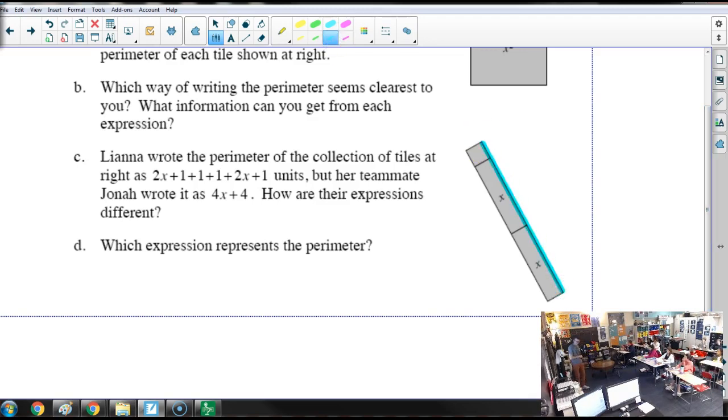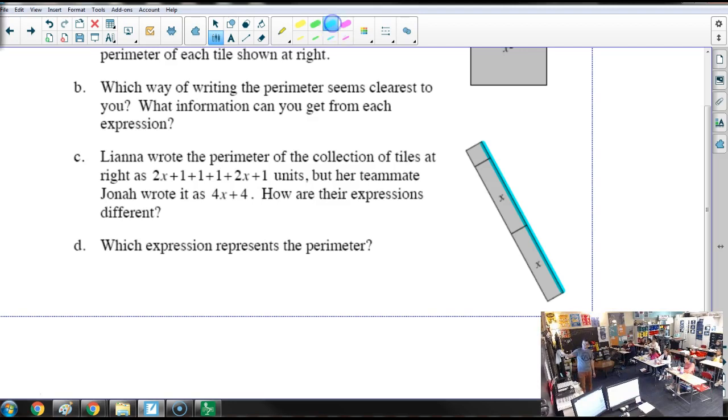What is this length? 2x plus 1. Knowing that, figure out the perimeter of this shape really quick. It's an easier shape, one big long one. So we know that's 2x plus 1. Write it down. Don't read, I'm hoping you don't read.